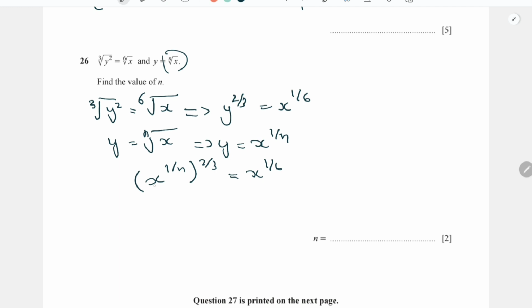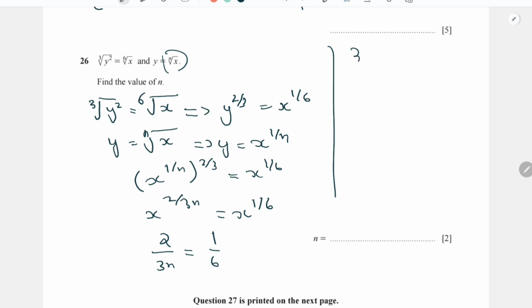Now we just multiply the exponents, so we get x to the 2 over 3n equals x to the 1 over 6. So the bases are same, that means 2 over 3n equals 1 over 6, and 3n equals 12. 6 times 2 is 12, right? So n equals 4. So the answer is 4.